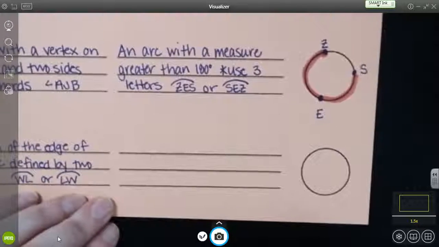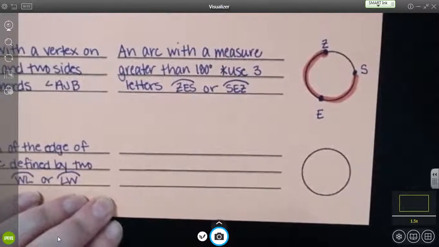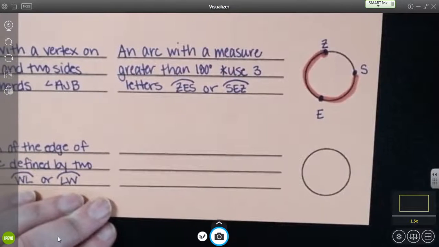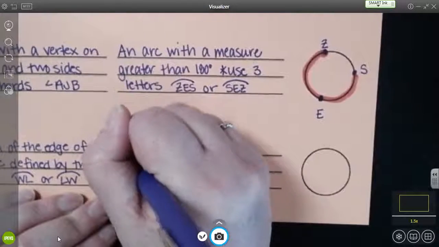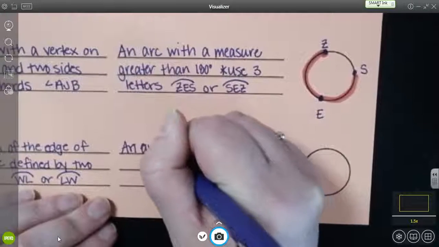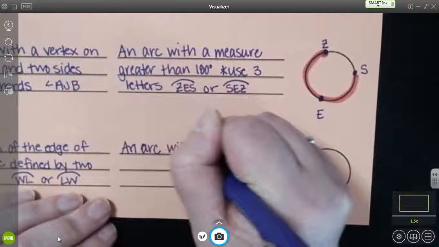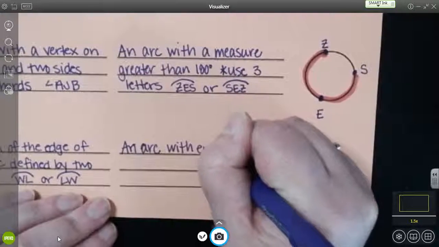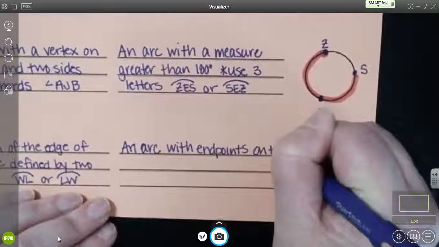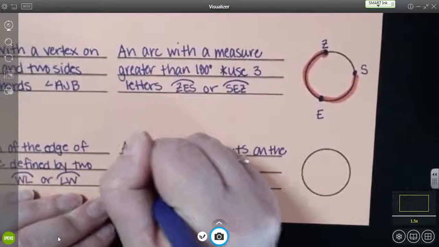So what do you think a semicircle is? We had less than 180, we had greater than 180, so now we are equal to 180. Okay, so half of a circle, right? So this is an arc with endpoints on the diameter.